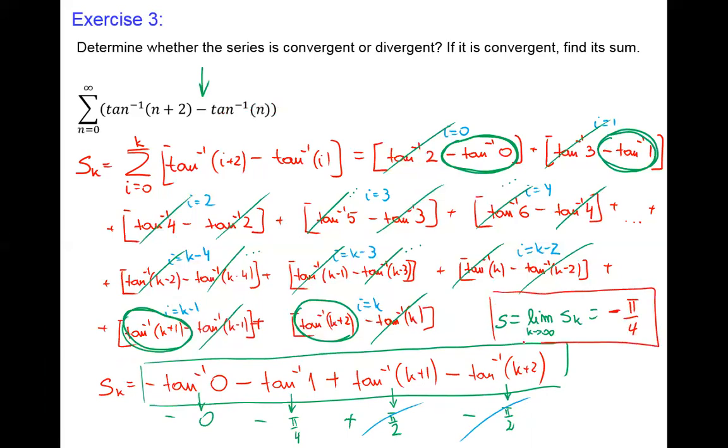Interesting, negative. But we may notice that we're subtracting a bigger number. I mean, we're subtracting the other way. That's the reason that we got negative. Yes. That's the reason that we actually got a negative answer, because the other terms were cancelled. The positive numbers were cancelled. We end up with the negative. Okay, that means the sum is negative pi over 4.